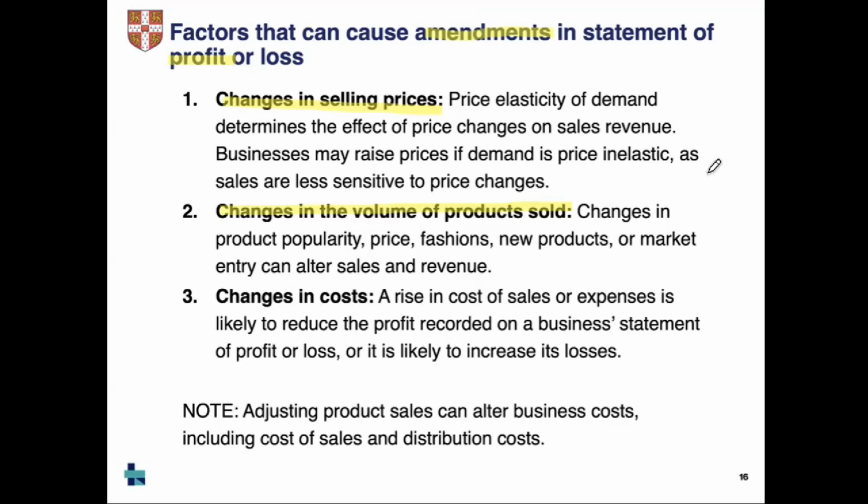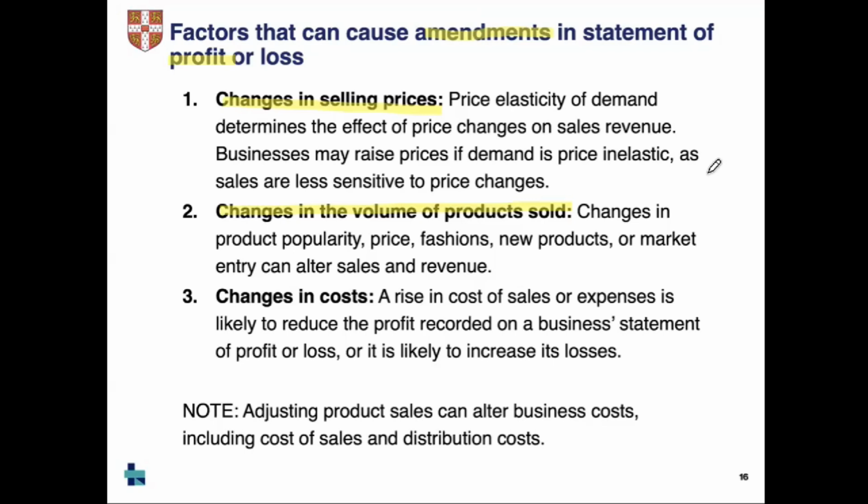So if at a volume of 50,000 with a price of $2.50, we are making a revenue of $125,000 and we increase the number of bottles to 60,000, we are not still going to make a revenue of $125,000. Our revenue is going to increase to $150,000.